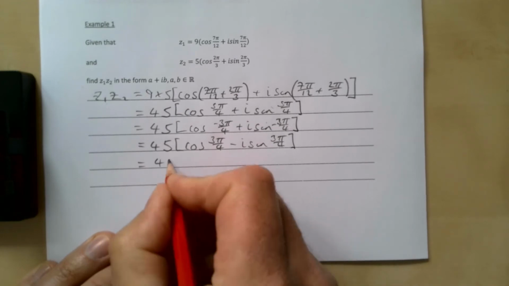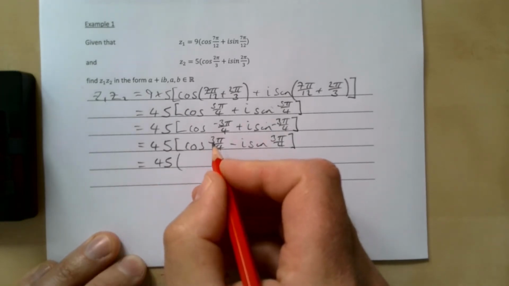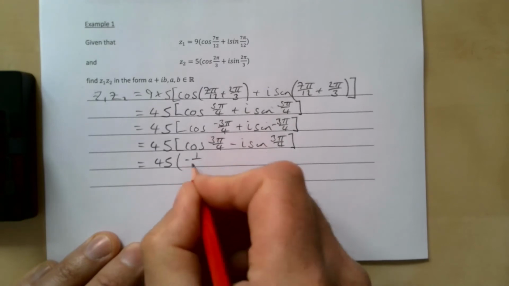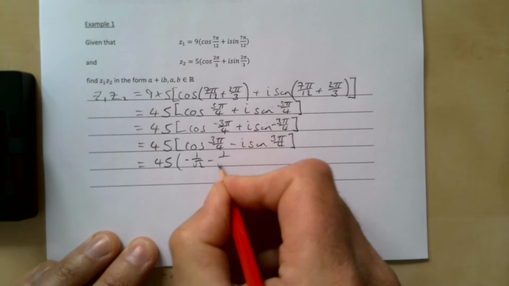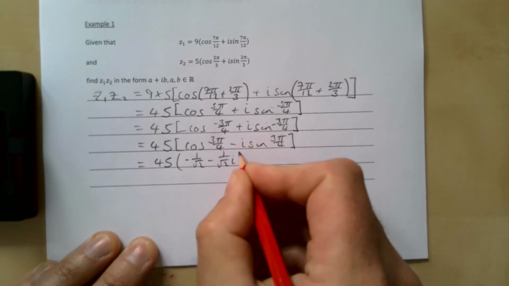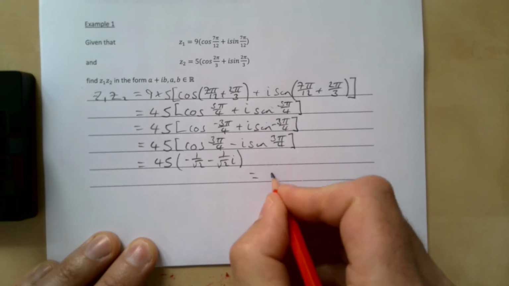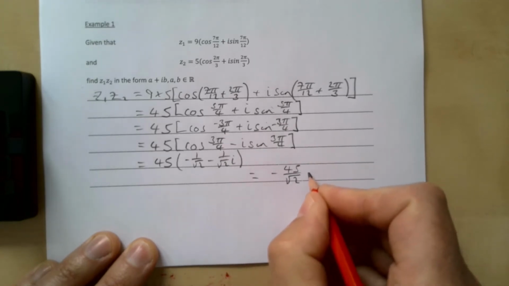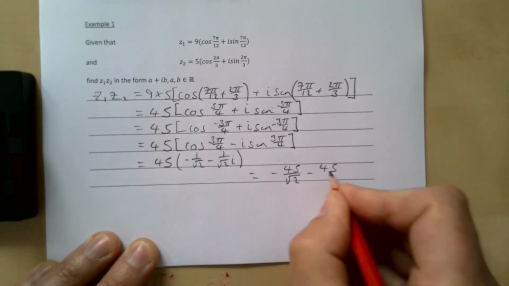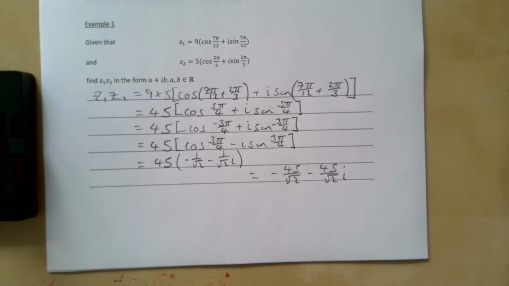So that gives us 45 (cos 3 pi over 4 ... ). You put it in your calculator, you'll get minus 1 over root 2 and minus 1 over root 2 i, and then tidying that up, finally you'll get minus 45 over root 2 minus 45 over root 2 i.